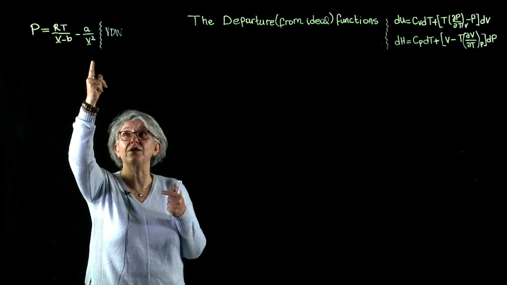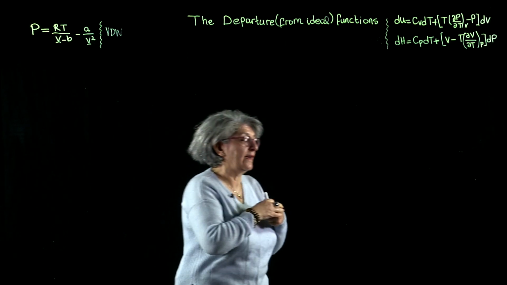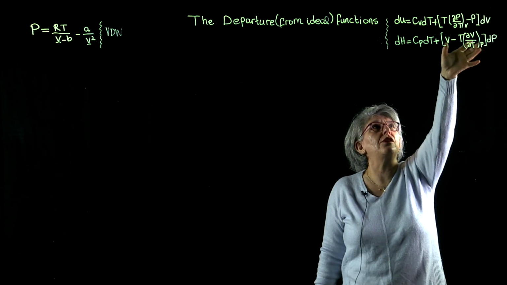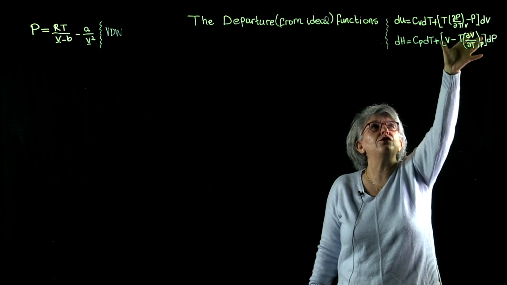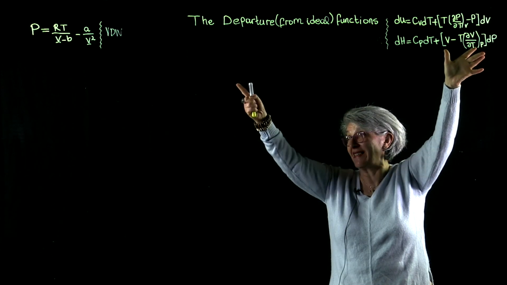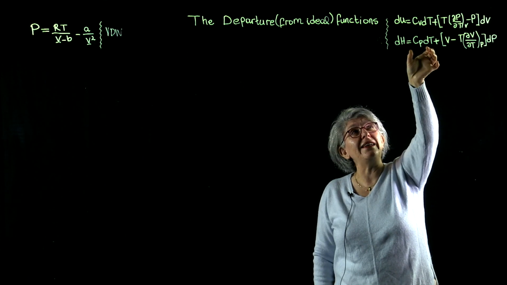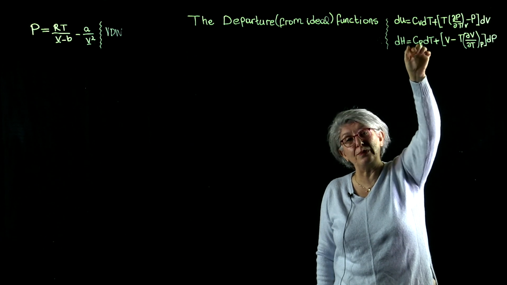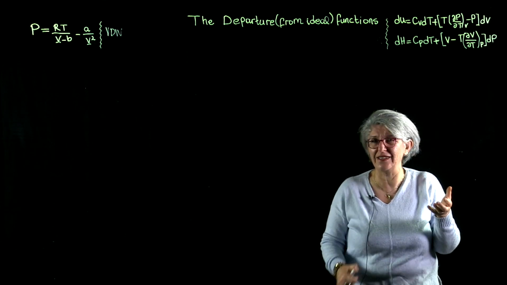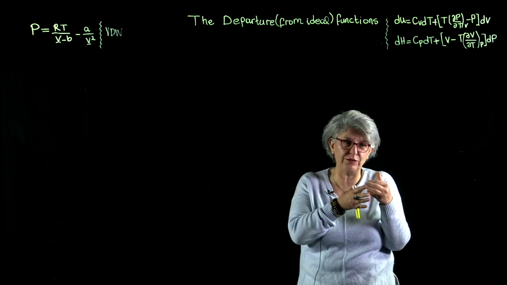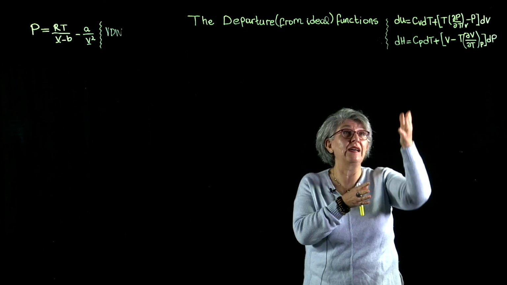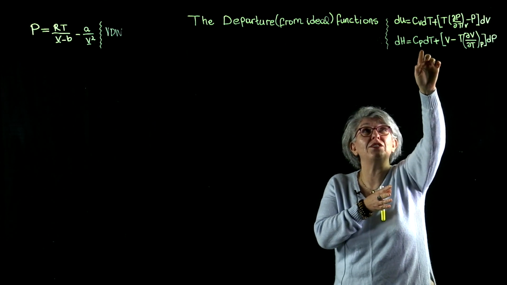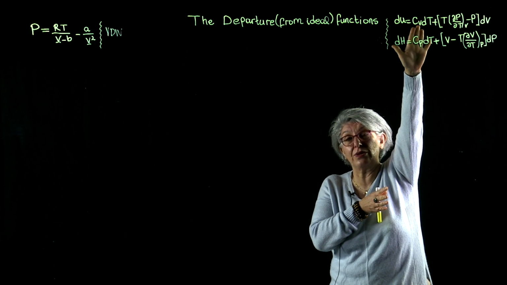Now we have our equation of state. Here, this portion of the departure function is going to come from the equation of state, and this is going to come from the heat capacity information, where we measure how much heat we need to exchange under constant pressure or under constant volume conditions.